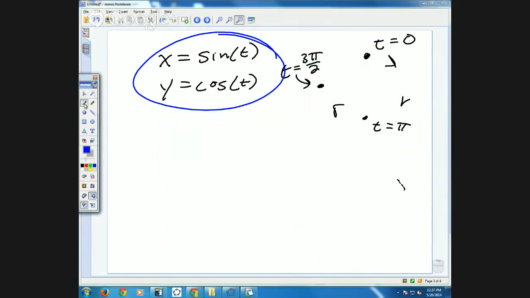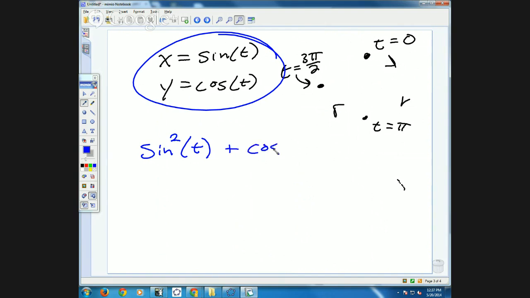What formulas do you know that relate sine and cosine to each other? Tangent. Cotangent. I was thinking more simply than that. I know that sine squared plus cosine squared equals 1.